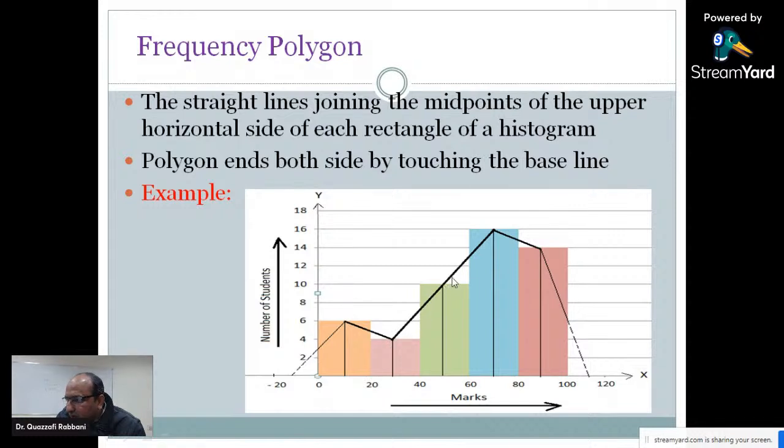So all the middle points of the rectangles of the histogram are connected with a straight line. This line is known as polygon.